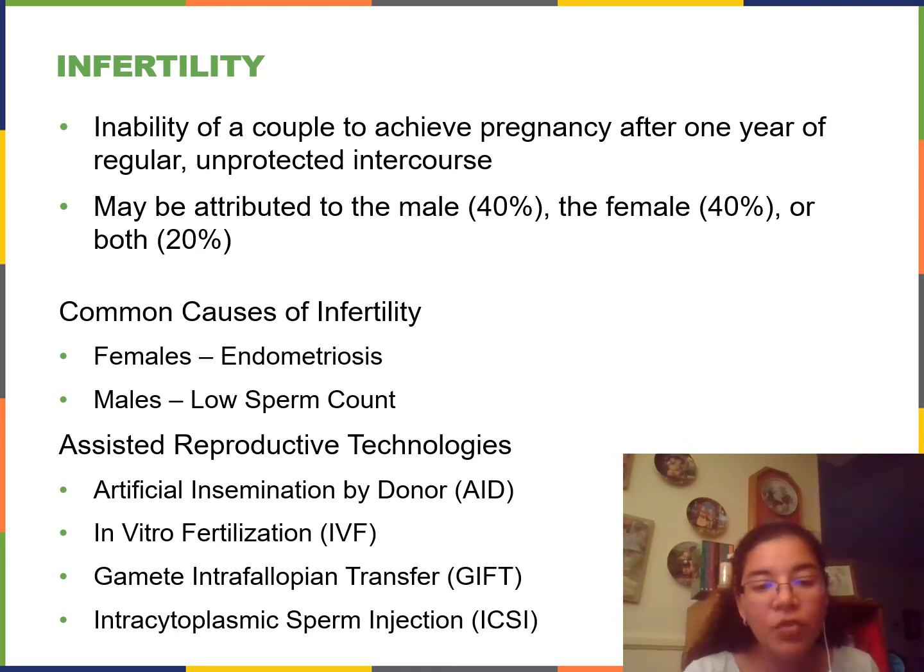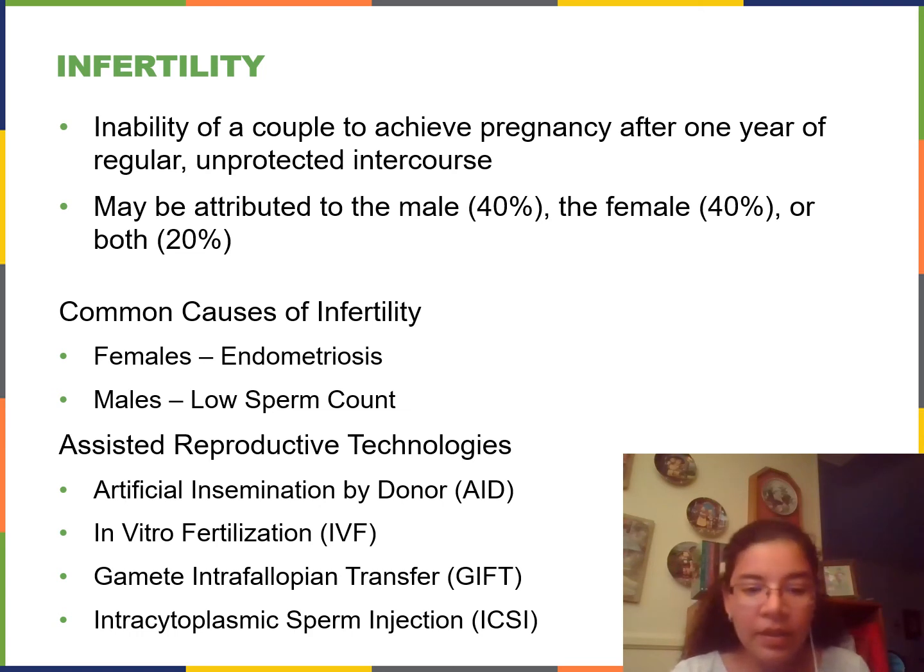Gamete intrafallopian transfer. This is where the sperm and egg are collected and then inserted into the female fallopian tube so natural fertilization can take place, not outside but inside the female reproductive organs. And then intracytoplasmic sperm injection.